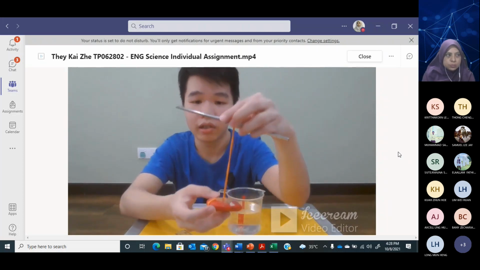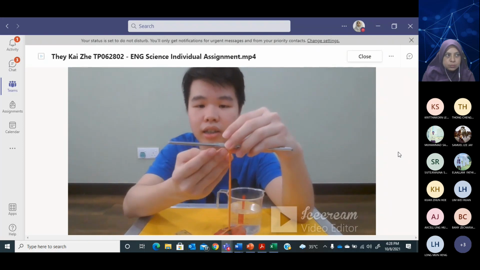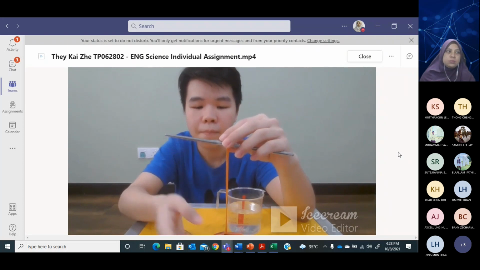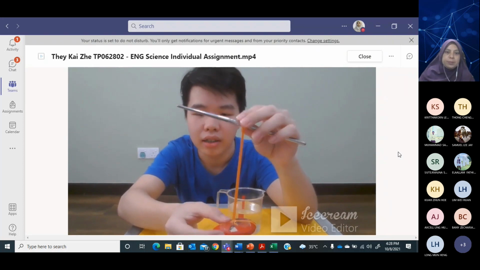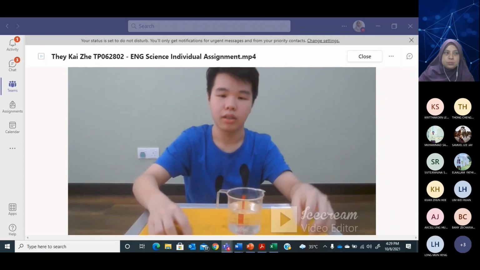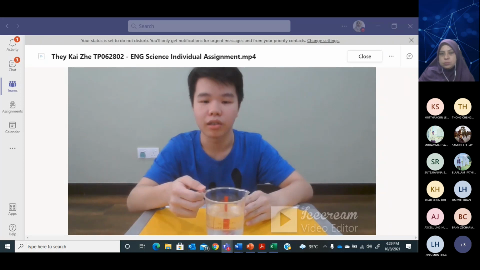Next, I have a rock tied to a rubber band and to a chopstick. Here I have marked the edge of the stone, and I have a measuring cup filled with water here.